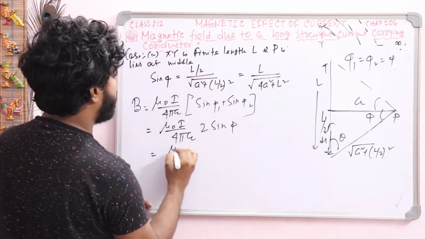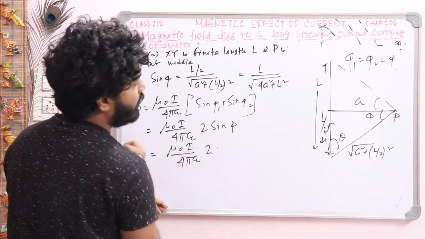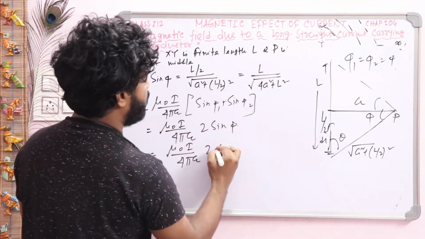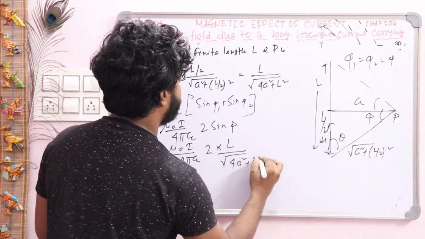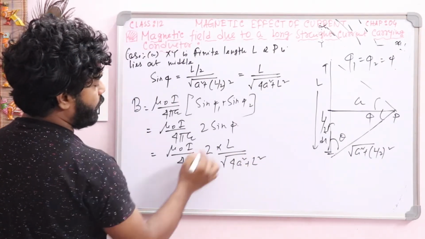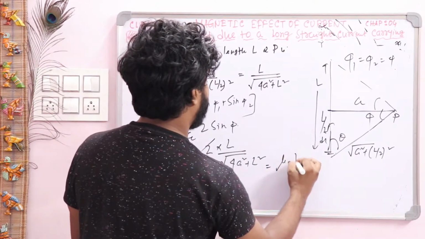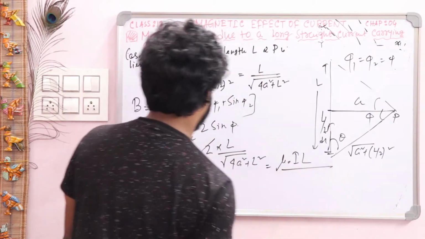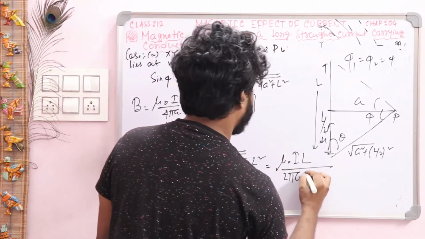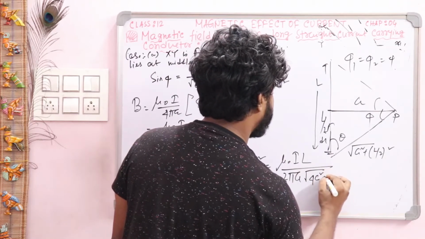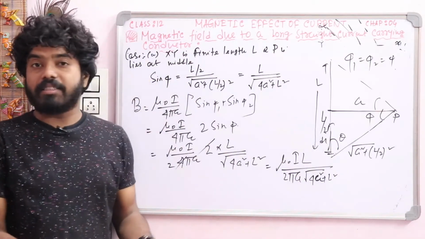Now putting the value of sine phi, that is mu naught I by 4 pi a times 2 times L divided by root under 4a square plus L square. Now simplify. So the value will be mu naught I L divided by 2 pi a root under 4a square plus L square. So this is case number 3.